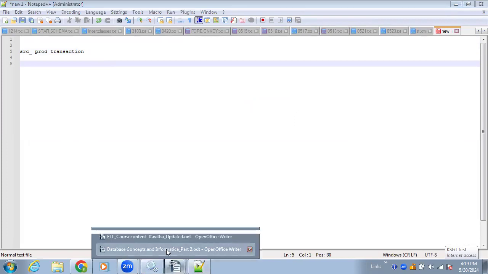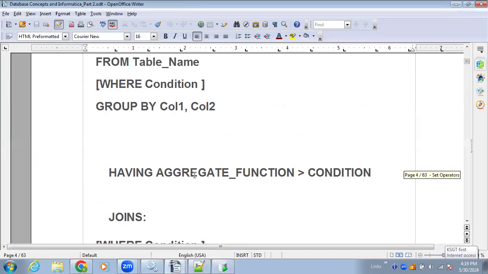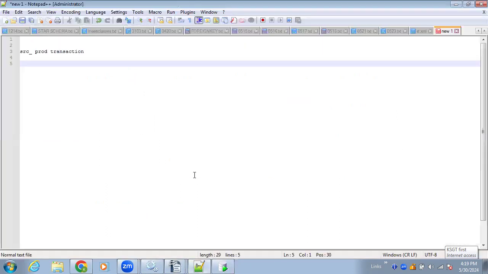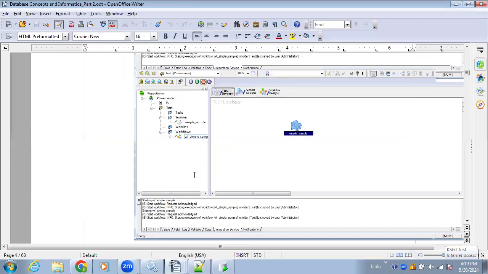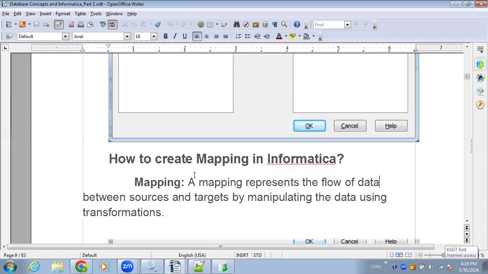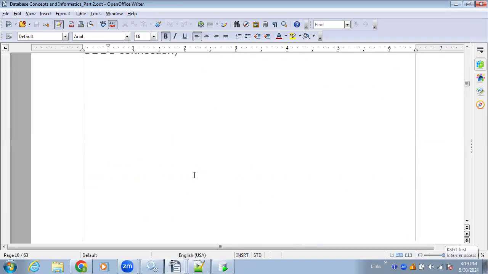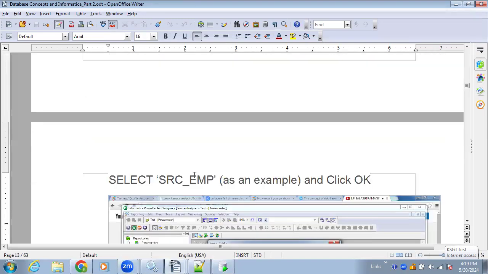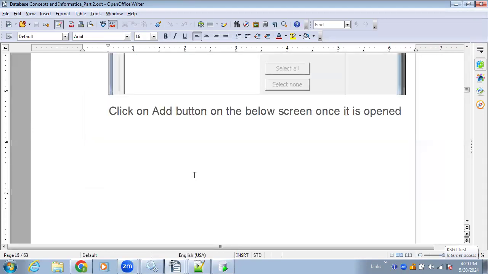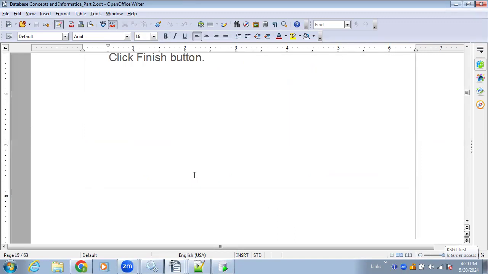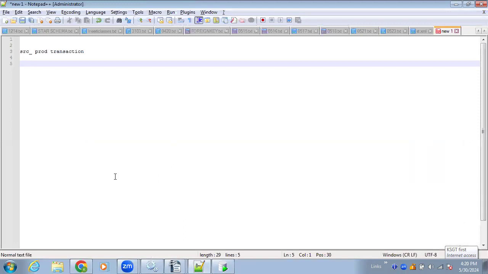My problem statement is in my source product table, SRC product table, I have all the transactions recorded individually. But when I'm trying to load them into target table, I want to aggregate them and load them. Aggregate based on what? Aggregate by product. Say an example, product ID, sales, number of units and all.